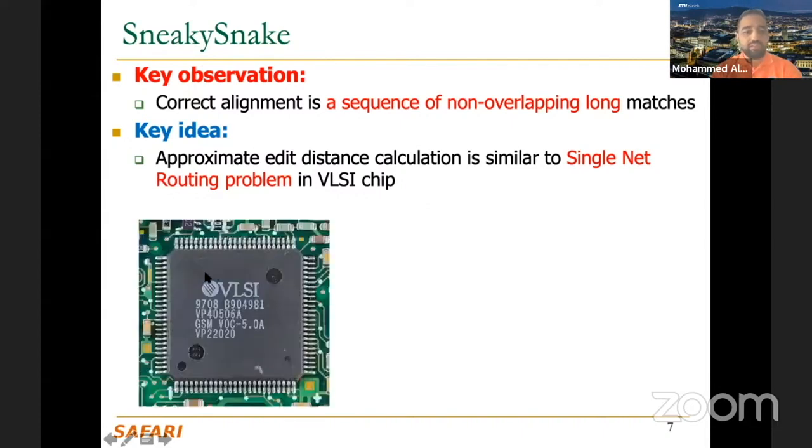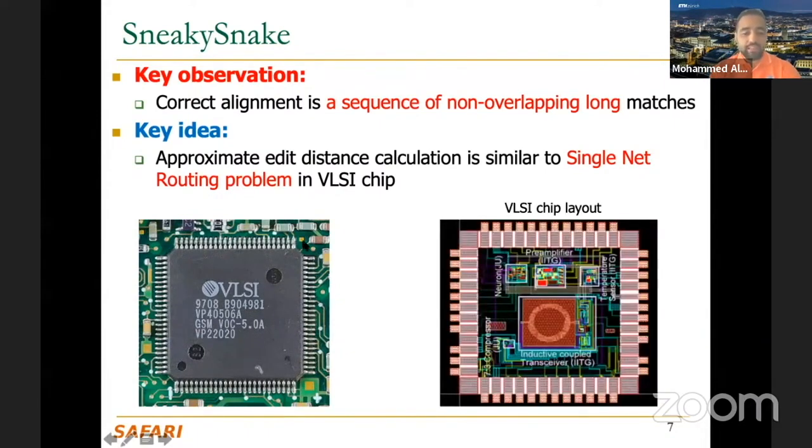How is that? This is the VLSI chip, which exists in any kind of electronics, in your phone, in your laptop, and so on. If you dissect this chip, you will see something like this. These are the pins or the legs of this chip, and you'll see some components inside. The goal as an electrical engineer or chip designer is that you have some components here, and you want to connect one of these pins to the other pin on the other side while connecting some of these components inside using the shortest path. Now, shortest path or lowest cost has multiple definitions.